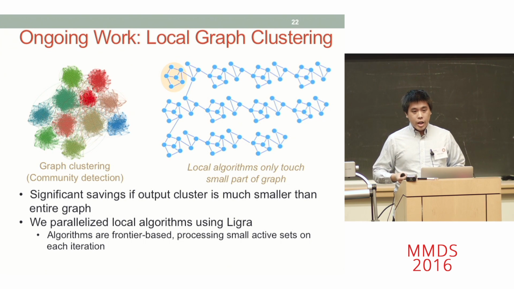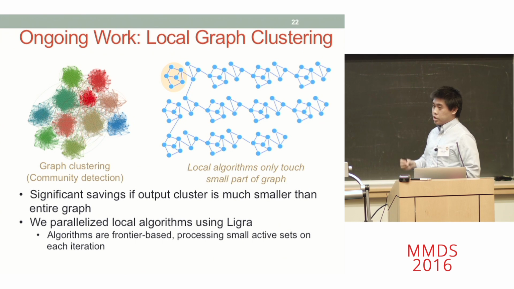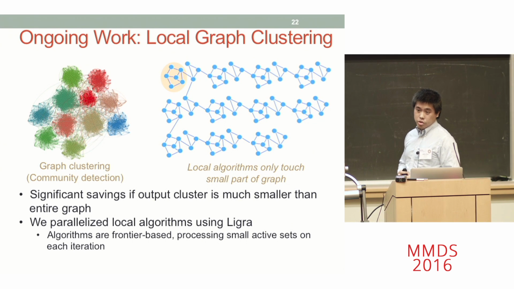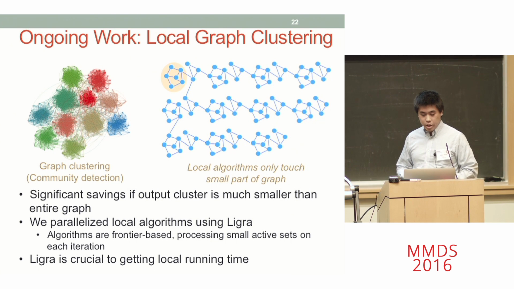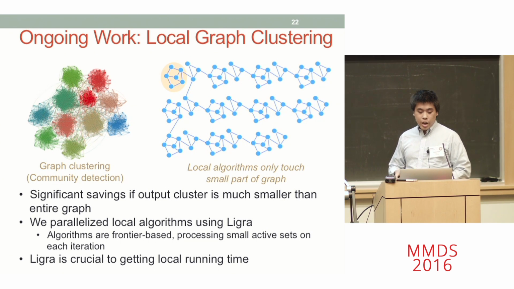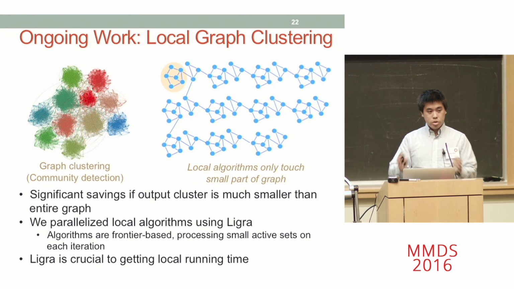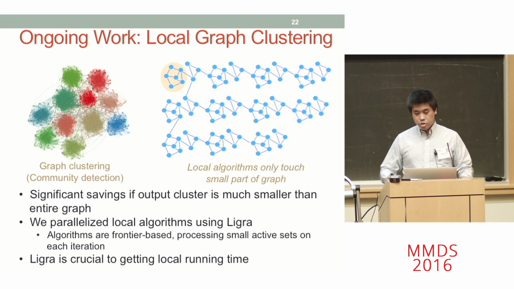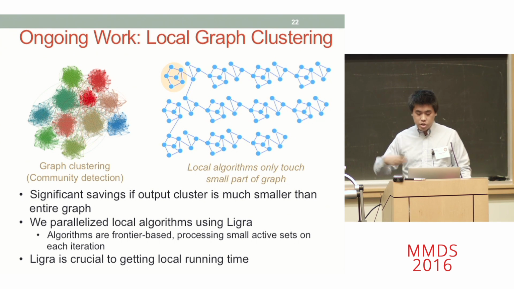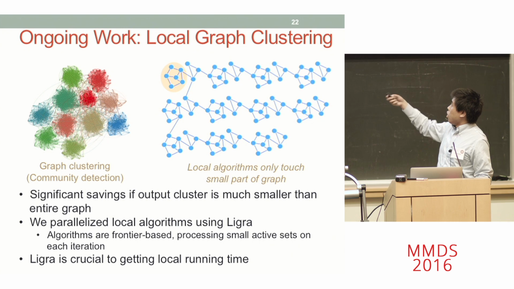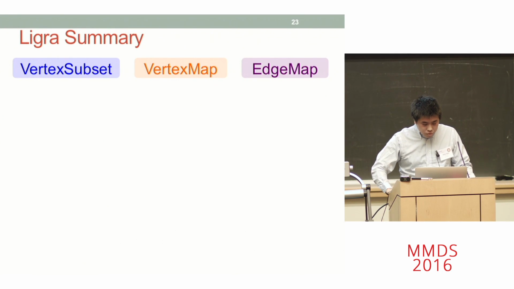At a high level, all of these algorithms are frontier-based, and we're processing small sets of active vertices on each iteration, so it makes them a good fit for the Ligra framework, which has this frontier-based characteristic. Using Ligra is actually crucial to getting this local running time, because Ligra only does work proportional to this active set of vertices on each iteration, whereas some of the existing graph processing frameworks would actually touch the whole graph, and then you would no longer get this local running time, which is crucial to these algorithms.